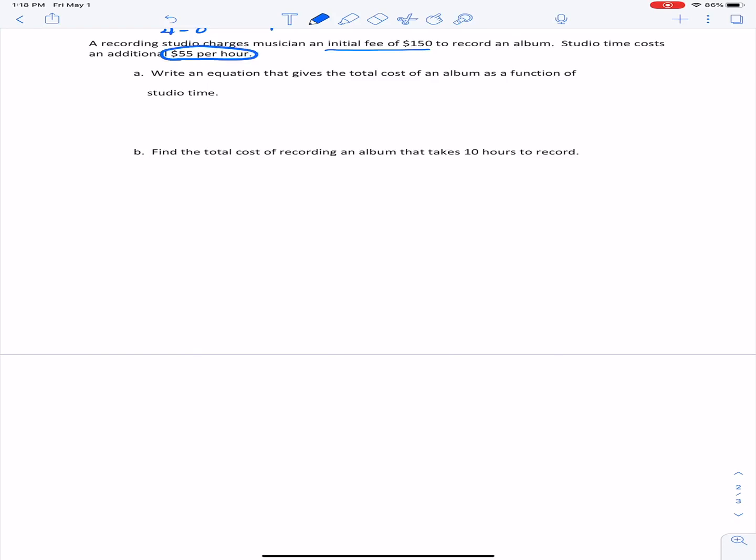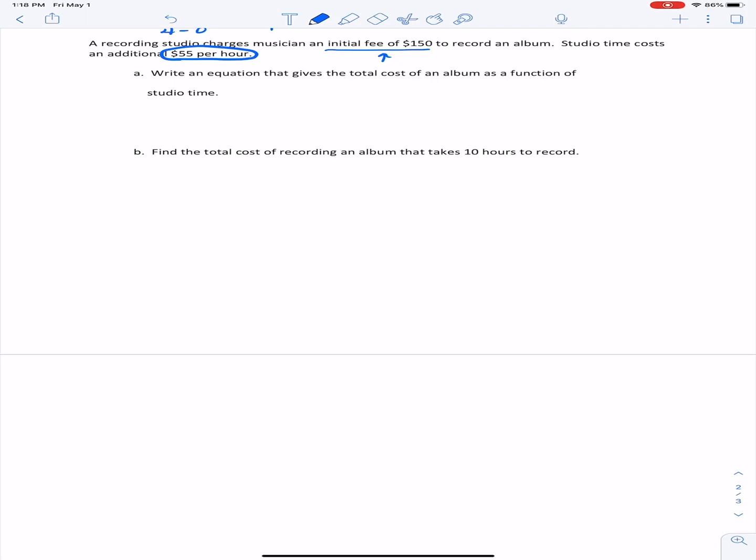Now that word per means multiplication. Okay? So if I'm a recording artist, when I step into a studio, no matter how much time I'm in there, I have to pay $150, no matter how much time I use. Okay? But after I start recording, I'm going to start paying $55 an hour.